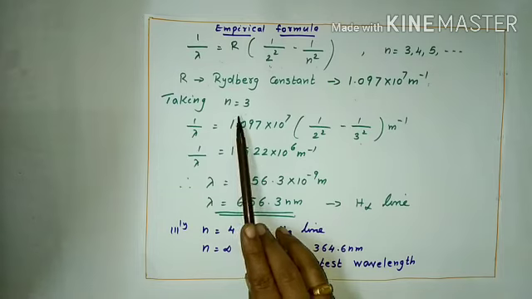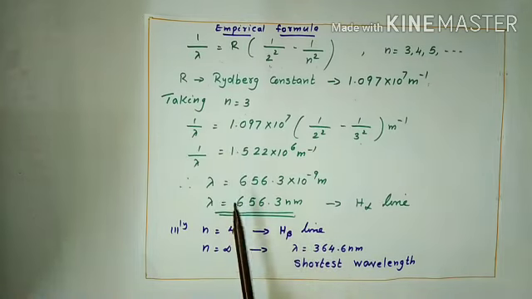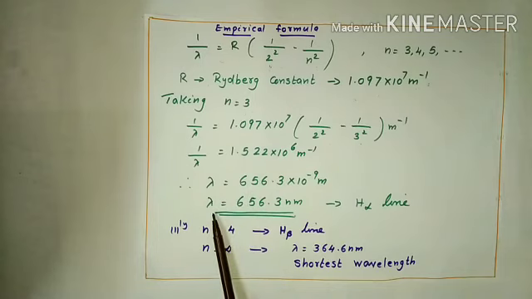By taking n equal to 3 and substituting in the formula, we get the wavelength of the H alpha line, that is lambda equal to 656.3 nanometer. It is the longest wavelength in the Balmer series.